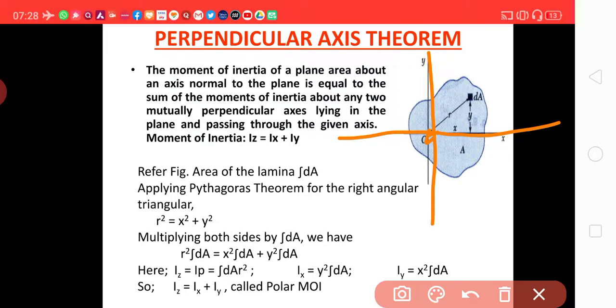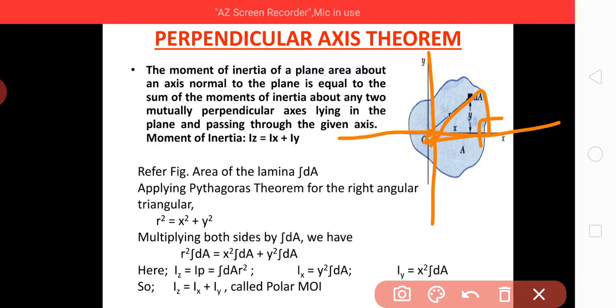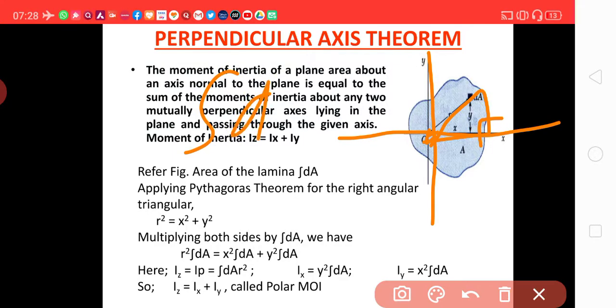Refer to the figure of the area. Concentrate at the small area dA. Then by the Pythagoras theorem, in this right angle triangle, r square equals x square plus y square, and multiplying by the area, that is integration dA, r square integration dA equals x square integration dA plus y square integration dA.